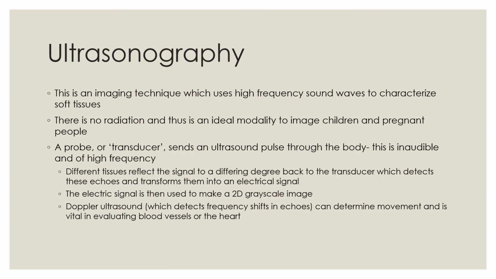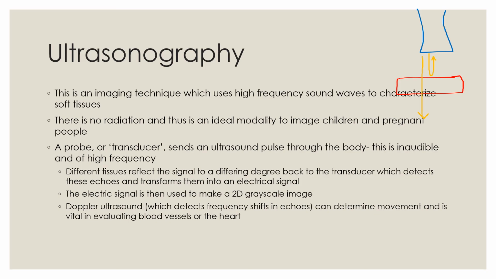Essentially what you have is a probe or a transducer, which looks a bit like this, which sends high-frequency ultrasound pulses through the patient's body. It's inaudible and of high frequency. And different tissues within the body, just like in CT, will absorb these ultrasound waves or reflect these ultrasound waves to a different degree. So some ultrasound waves pass through tissue, some are reflected back.